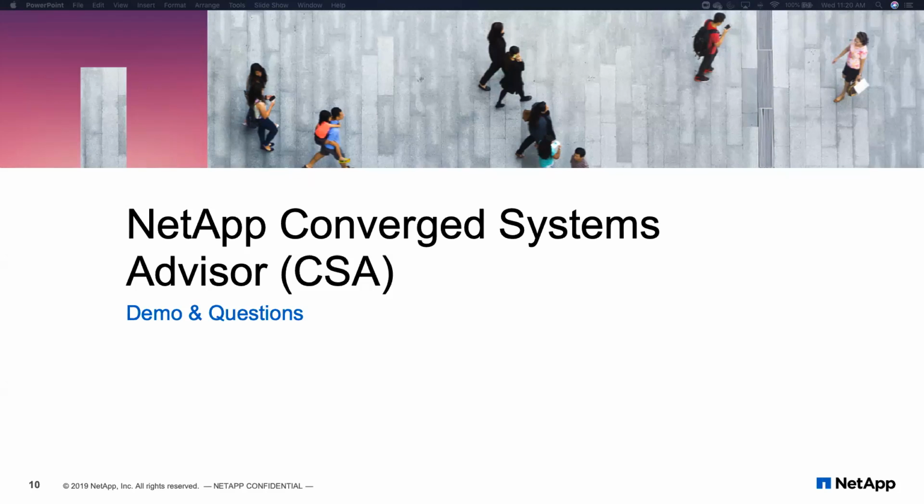Okay, and we've got one more question. Is CSA at all useful if we just have ONTAP systems without being in the FlexPod? So I would say there could be some value there. That's not necessarily what it's designed for.